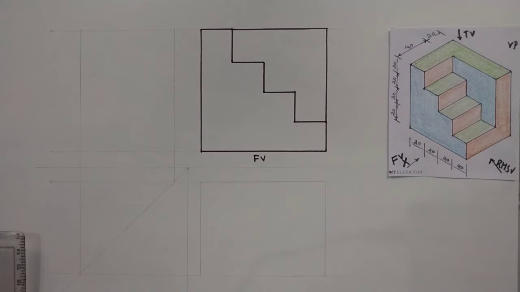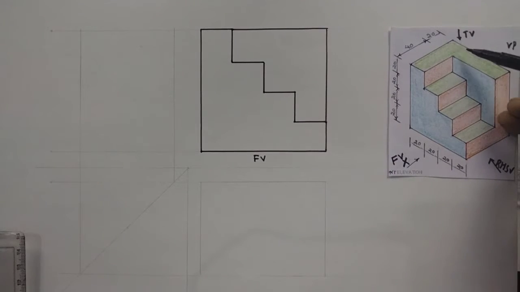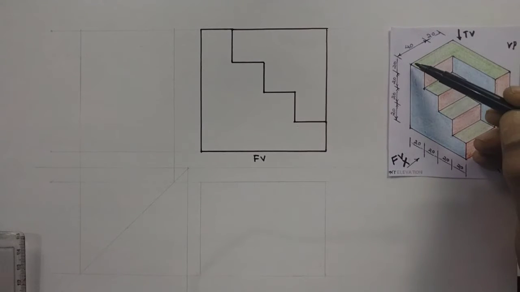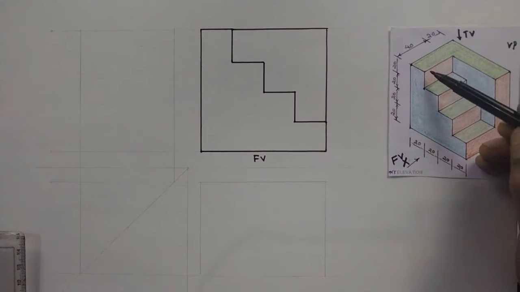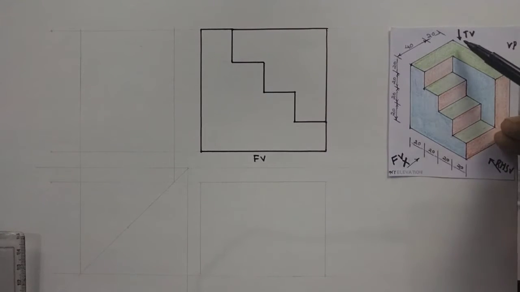Now we go to the top view. In the top view, you have the width of the object, 60 mm, which is perpendicular to our vertical plane, and the length, 80 mm.